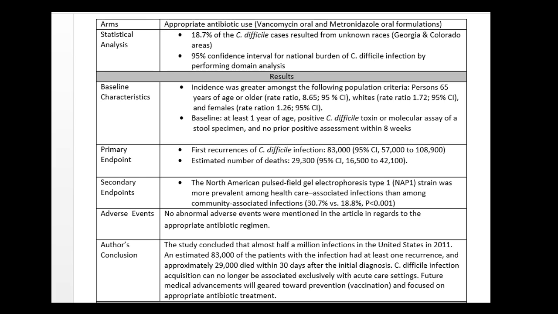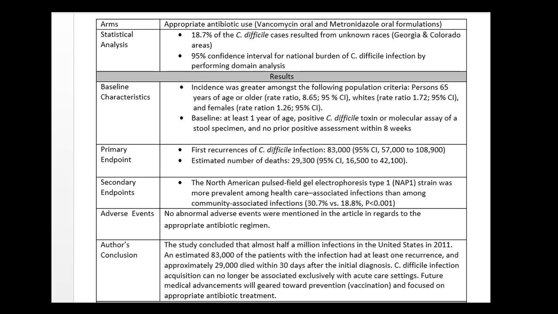In this study, a convenient sample of the clinical laboratories across the various EIP sites all had to submit positive stool samples from the cases in order for a full medical review to be conducted on the culture, and then the different isolates that were recovered had to undergo this test called pulsed field gel electrophoresis that I talked about earlier, and those patterns were analyzed with the use of a special software called BioNumerics software.